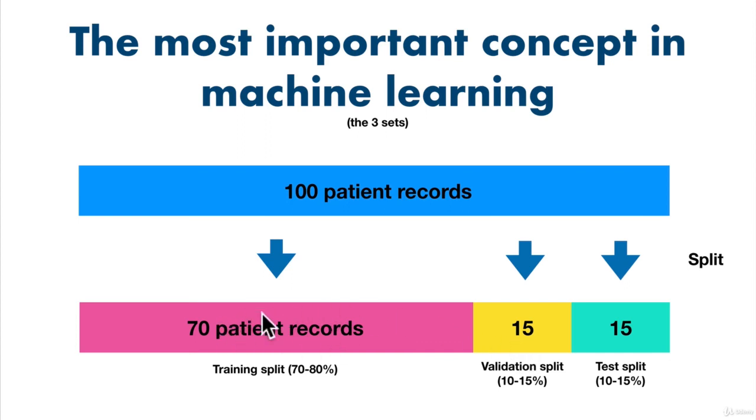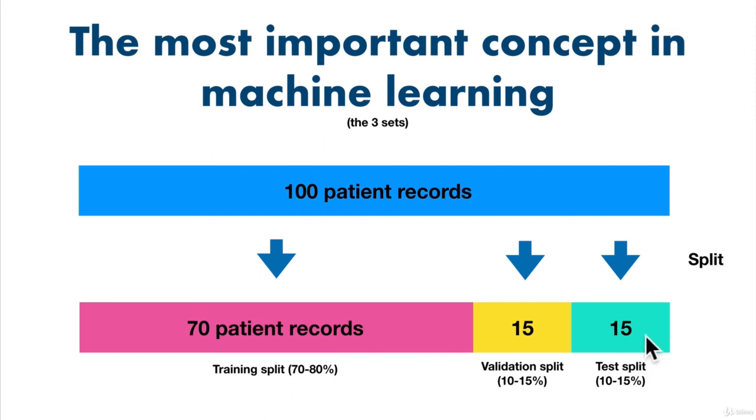So just because your machine learning model has one set of results on the patient records, you can actually improve them, and we'll see this in a future lesson, on the validation split. The validation split is where you should be testing to see if you can improve it. And finally, once you've improved your model, you can check the model's results, as well as any other model's results that you might have done during experimentation, on the test set.